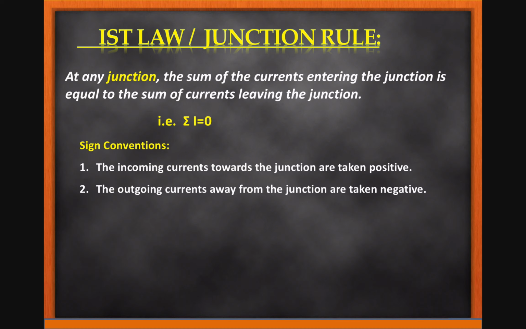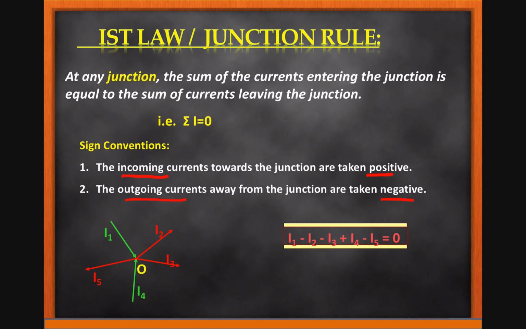The incoming currents towards the junction are taken as positive and the outgoing currents away from the junction are taken as negative. Take one example. If we have point O, and I1, I4 are coming towards point O and I2, I3, I5 are leaving from point O, then we can write I1 minus I2 minus I3 plus I4 minus I5 is equal to 0.